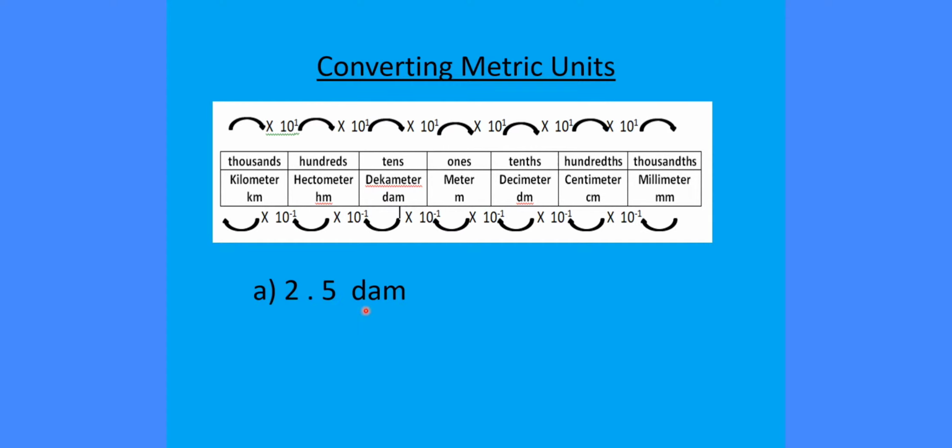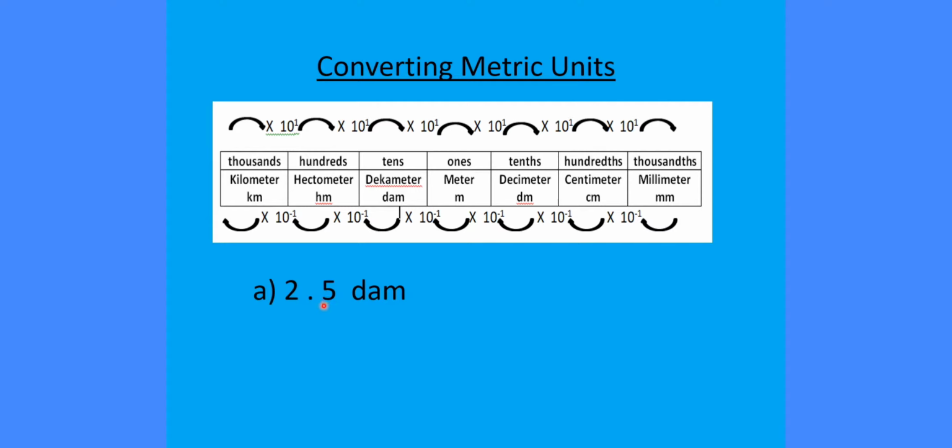So let us try to convert this one into meter. The unit decameter is right here, and we are going to convert it into meter. So we need to switch the position one place to the right. So we will multiply the given value by 10. Take note: once our multiplier is a multiple of 10, all we need to do with the given value is move the decimal point.